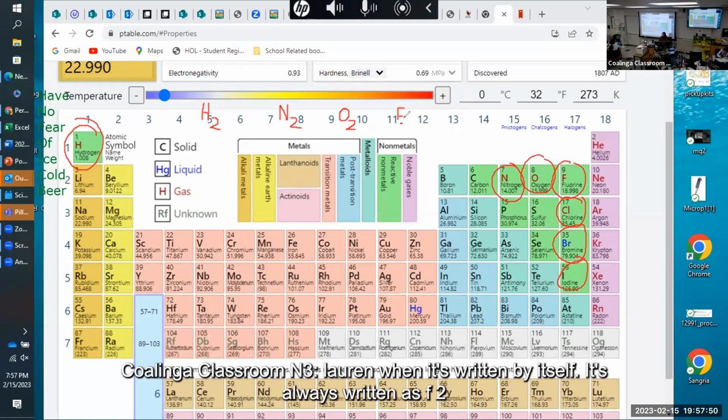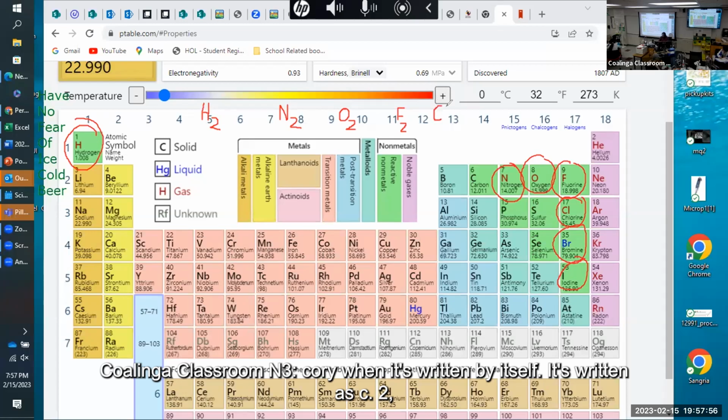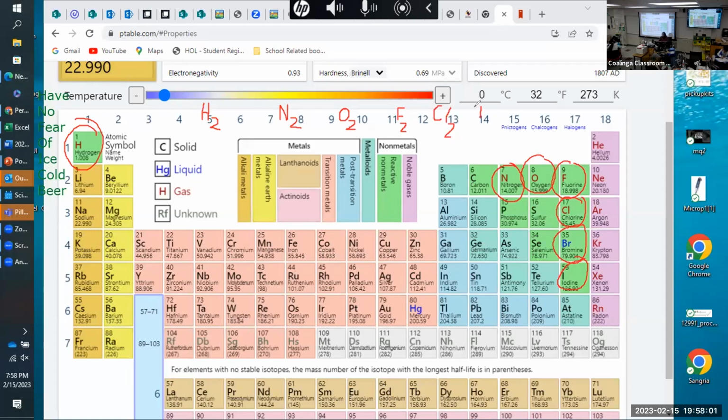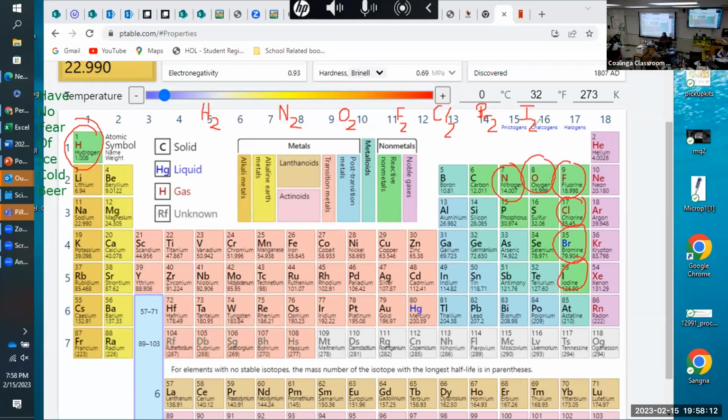Fluorine, by itself, is F2. Chlorine, by itself, is Cl2. Bromine, by itself, is Br2. And iodine, by itself, is I2.